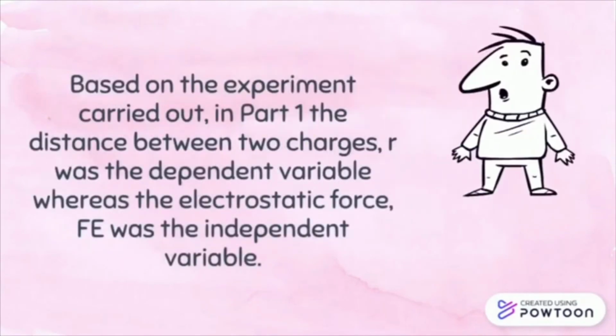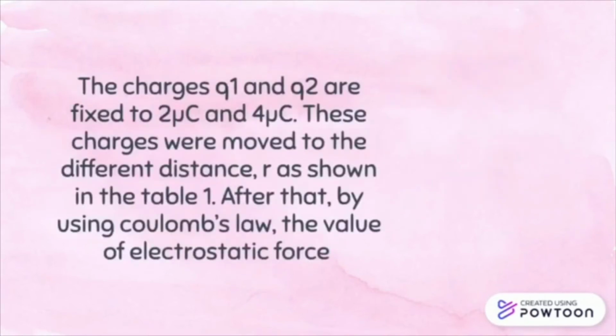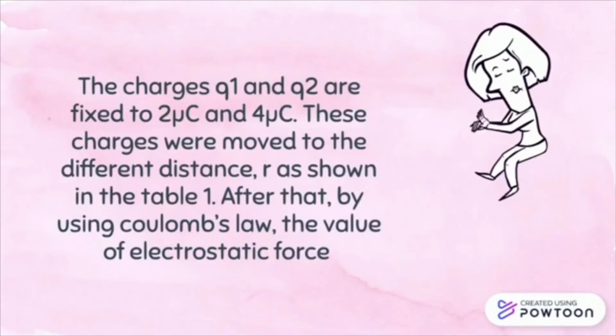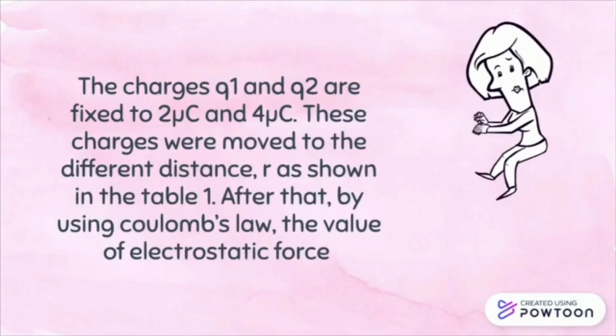Based on the experiment carried out in part 1, the distance between two charges was the independent variable, whereas the electrostatic force was the dependent variable. The charges Q1 and Q2 are fixed to 2 microcoulombs and 4 microcoulombs. These charges were moved to different distances as shown in table 1.